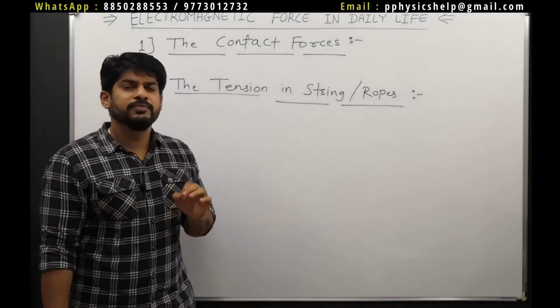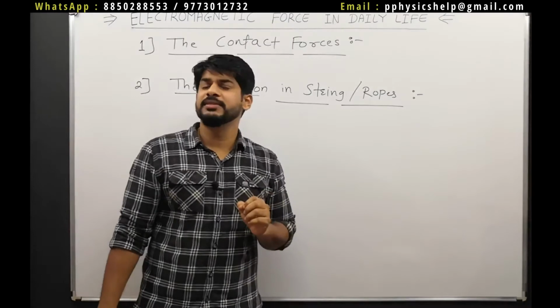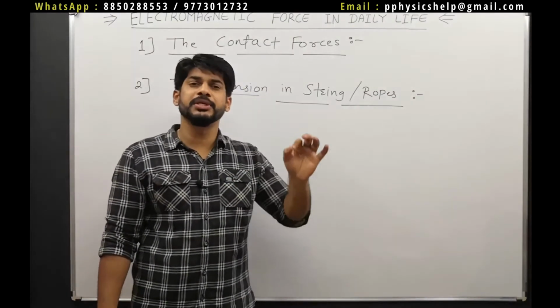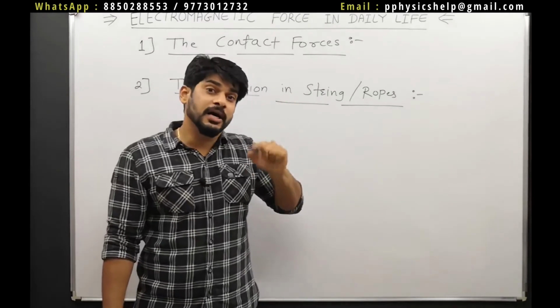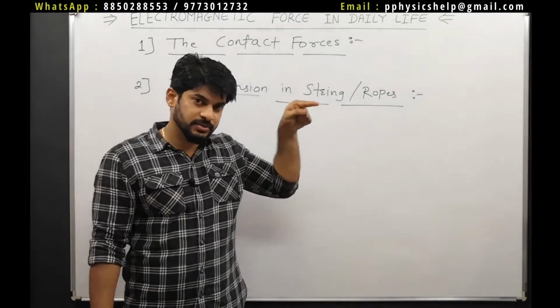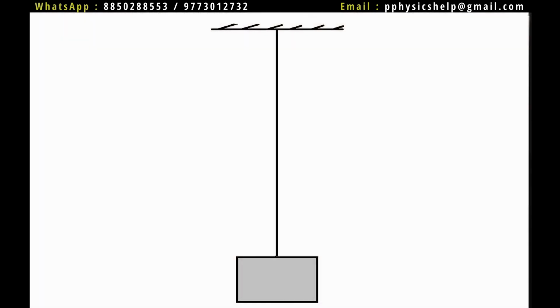Let's assume that we have one string, tied to a rigid support, and at the other end, one block hangs from this string. So a block with some mass has been tied at the end of this string.